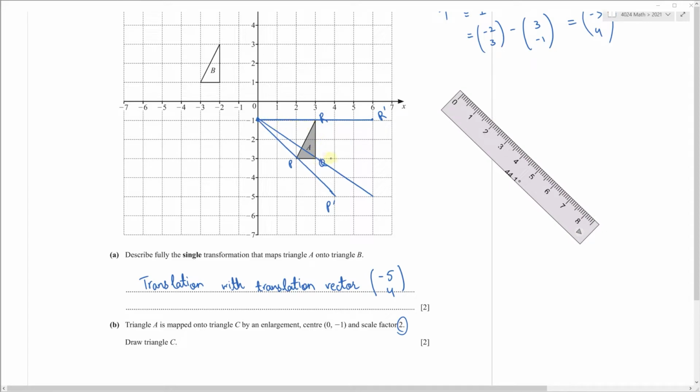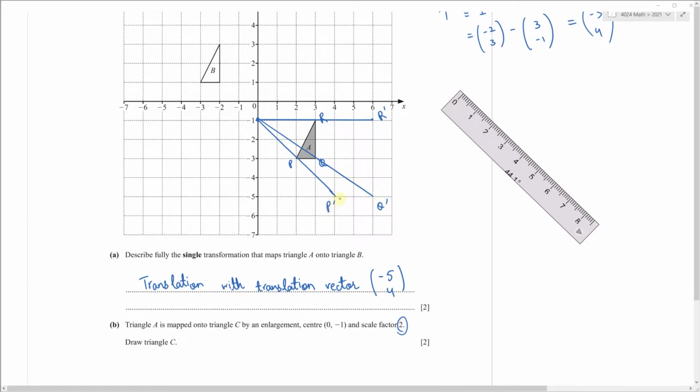So I went another 3 blocks in the positive x and 2 blocks in the negative y to double the distance of Q prime from my center of enlargement. Remember, your distance is always relative to the center of enlargement. R is easier because it is a horizontal line. The distance of R is 3, the distance of R prime is 6. So this is your Q prime.